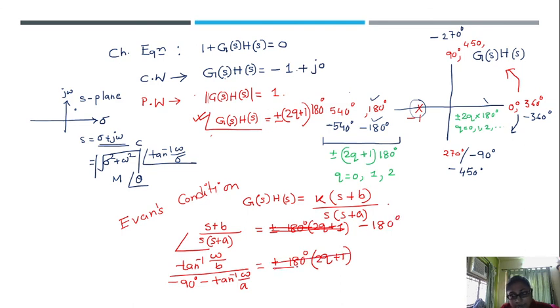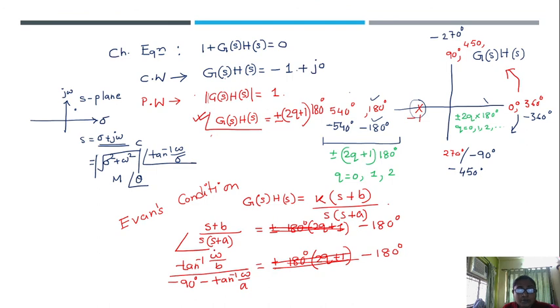Yes, very good. So q will be omitted because it is a generalized expression, and the angle criteria will be like this. This is nothing but the argument, just like we do in complex systems.